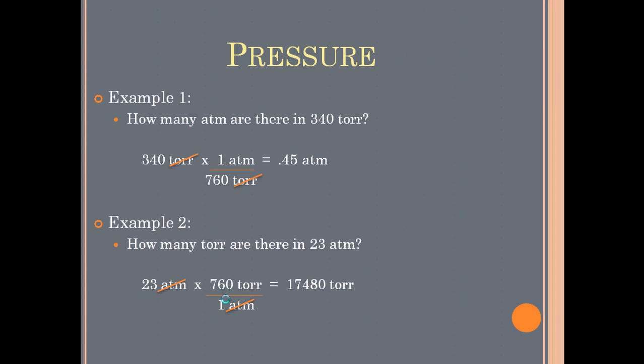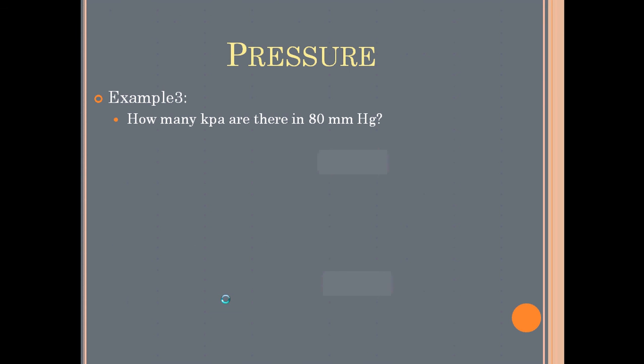Example 3. How many kilopascals are there in 80 millimeters of mercury? Well, 80 millimeters of mercury times 101.3 kilopascals over 760 millimeters of mercury gives you 10.7 kilopascals.